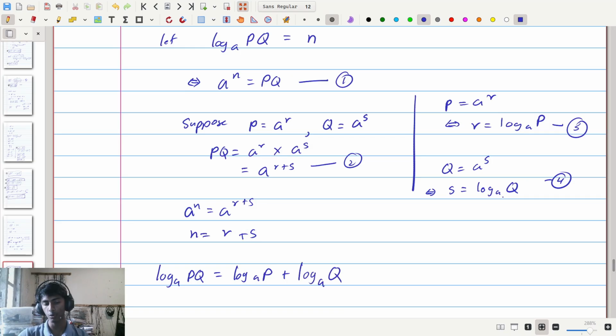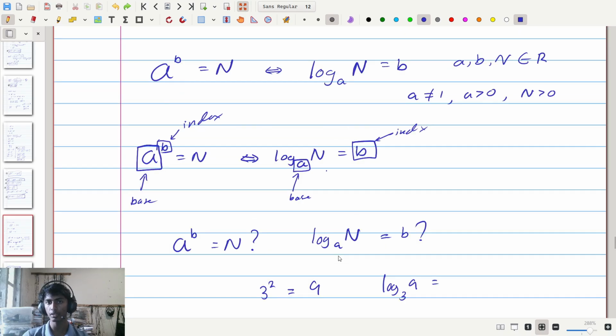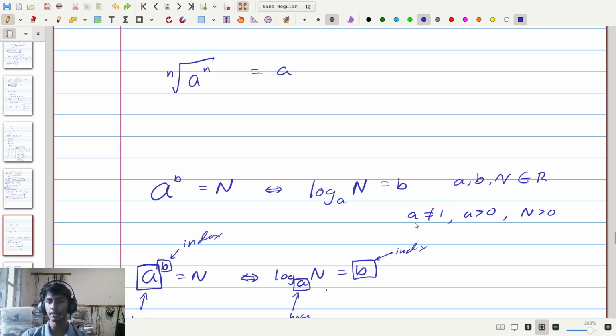So therefore, hence proven, log base a of a product pq is equal to log base a of p plus log base a of q, provided that p, q and a satisfy the conditions required for a logarithm to be valid. Recall the logarithm validity laws: if a logarithm is valid, then a is not 1, a is greater than 0, and n is greater than 0.